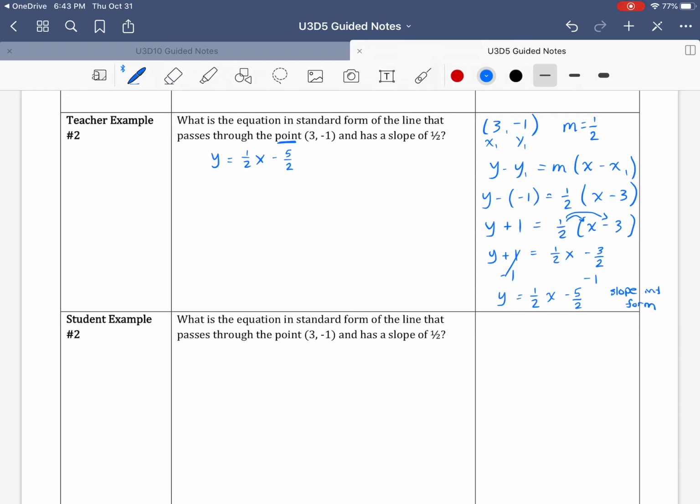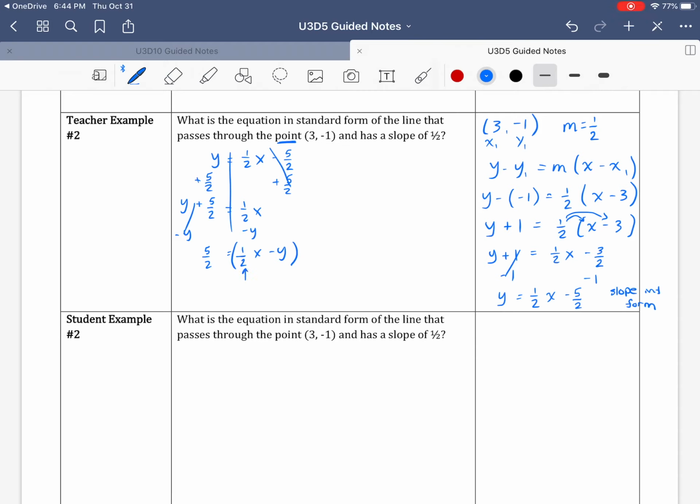So again, my x needs to be positive. So I'm going to add 5 over 2 to this side, and I'll have 1/2 x, and I have y plus 5 over 2. I'm going to subtract y from both sides and get 5/2 equals 1/2 x minus y.